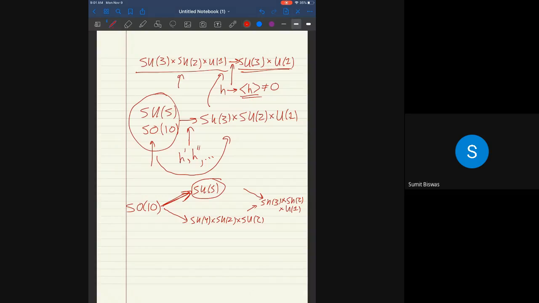If you just imagine that SU5 is the big group, and there's no supersymmetry, and it breaks down to the standard model, that has now been experimentally ruled out. This guy breaking down to the standard model, and SO10 breaking down via this lower path, has not been ruled out. That's still allowed even in the absence of supersymmetry.